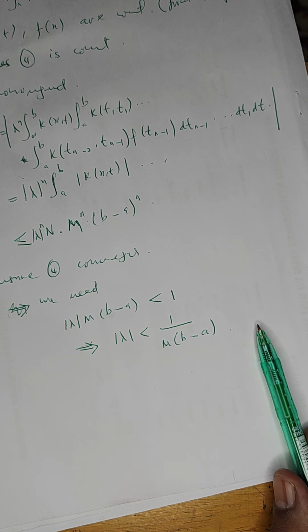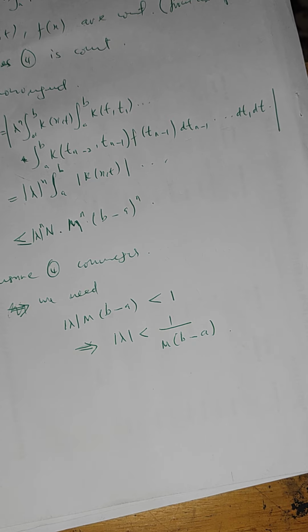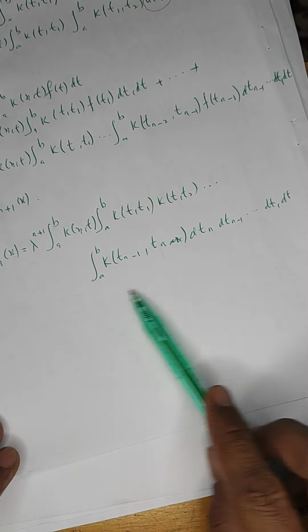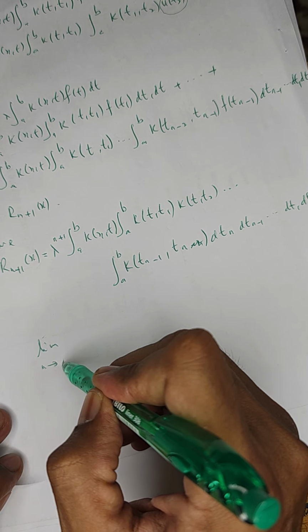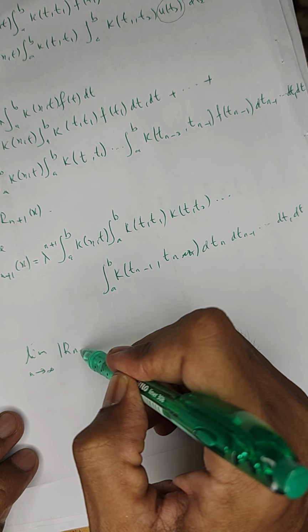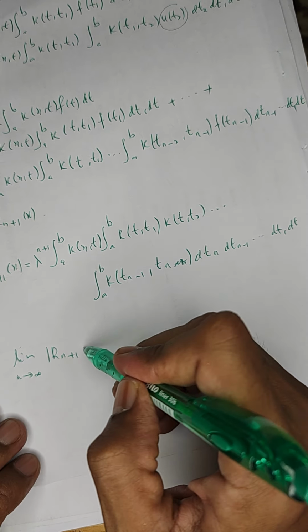You can also show that if you take the limit as n goes to infinity, R_{n+1}(x) is equal to 0. So this is the proof of the theorem.